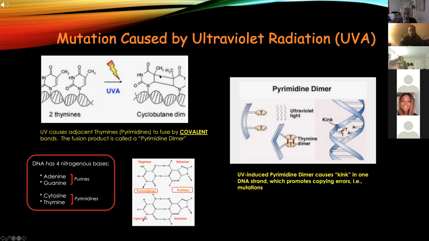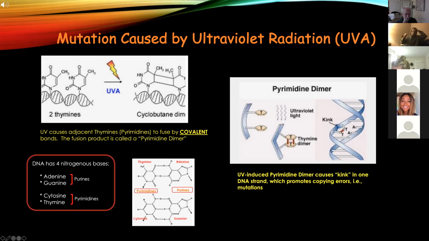You see that here, where two new bonds have formed, linking these thymine residues. And it's important to note that these bonds are covalent. So remember, what's holding the 2 chains together, these are all hydrogen bonds. But in a pyrimidine dimer, they're covalent bonds, very strong.